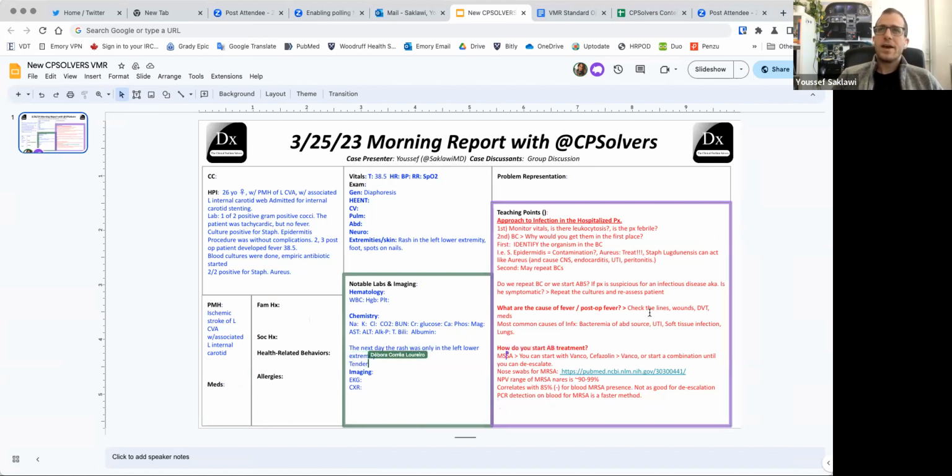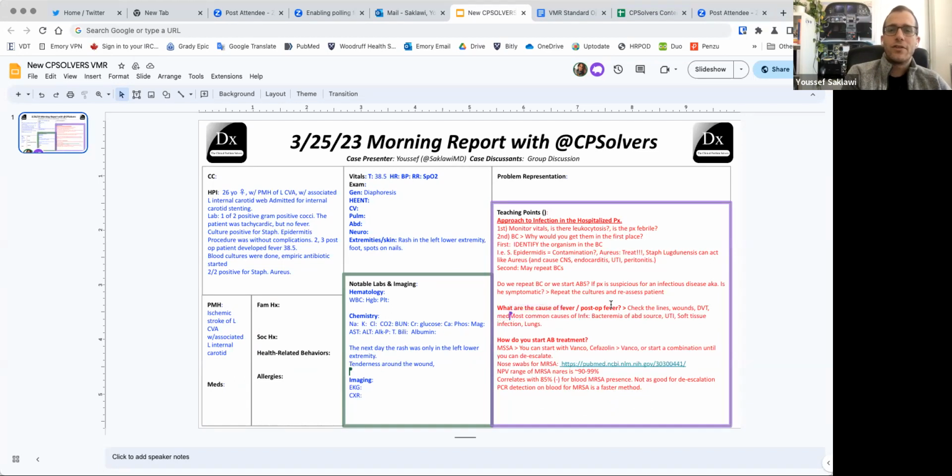And our suspicion was, why is the TEE negative with these lesions developing only on the left lower extremity, and not just the foot, they develop proximally as well. And we were thinking exactly like you were thinking, what is the differential of these possible emboli? Could this be a cholesterol embolus? Could this be a septic embolus? And what is the thing that actually got dislodged?